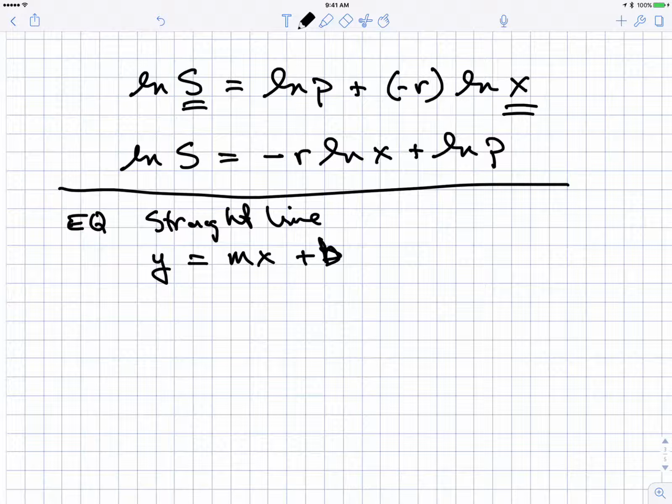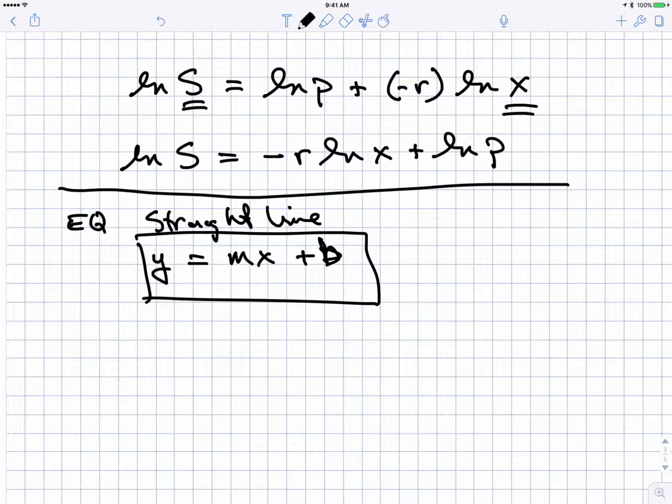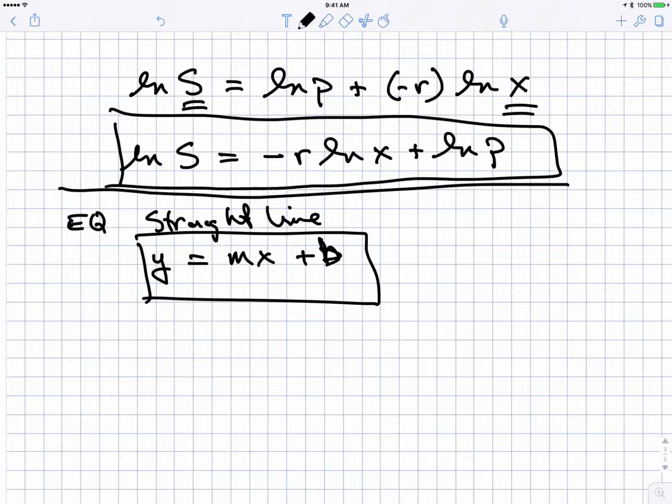Well, what are we looking at here? Y equals mx plus b, that's the equation of a straight line. Natural log of s equals minus r natural log of x plus natural log of p. I can make some correspondence. I can say that y is the same as natural log of s. I can say that m is the same as minus r.